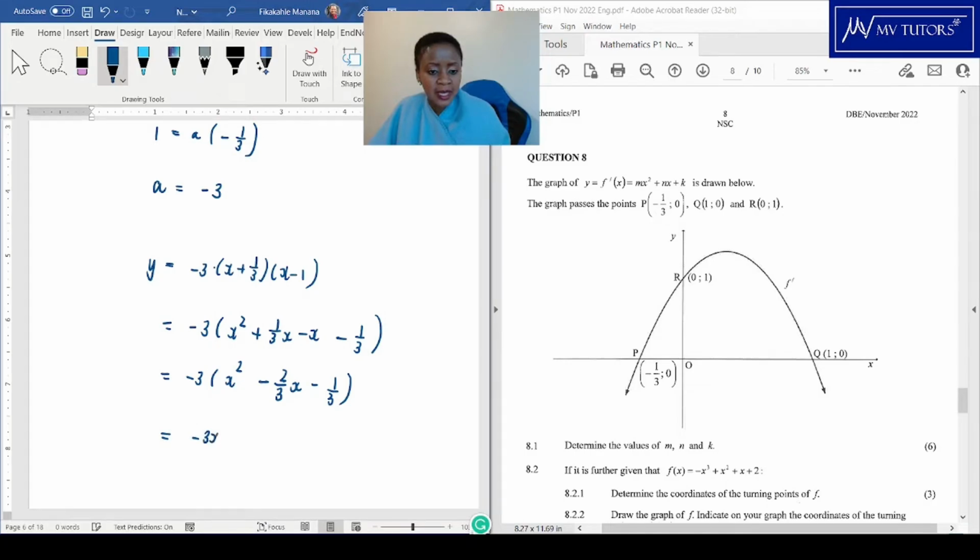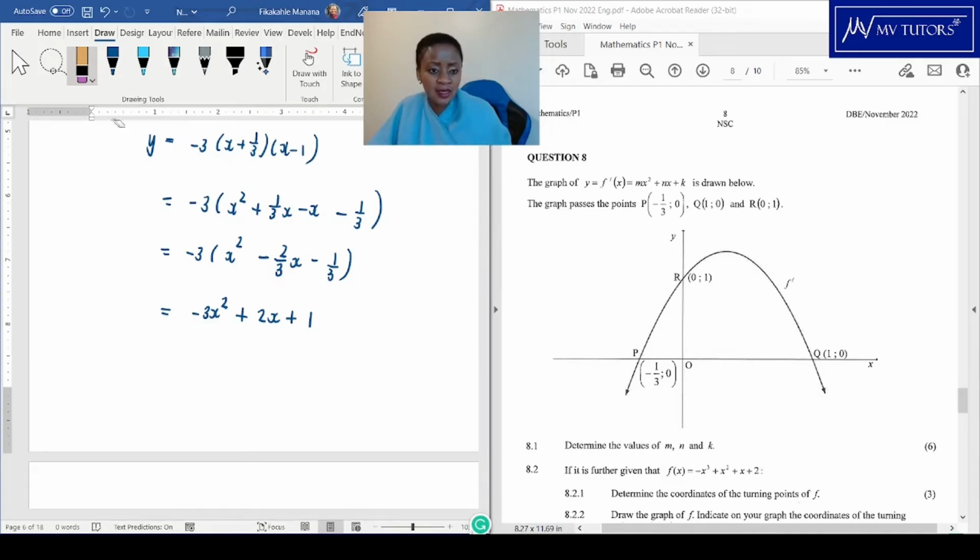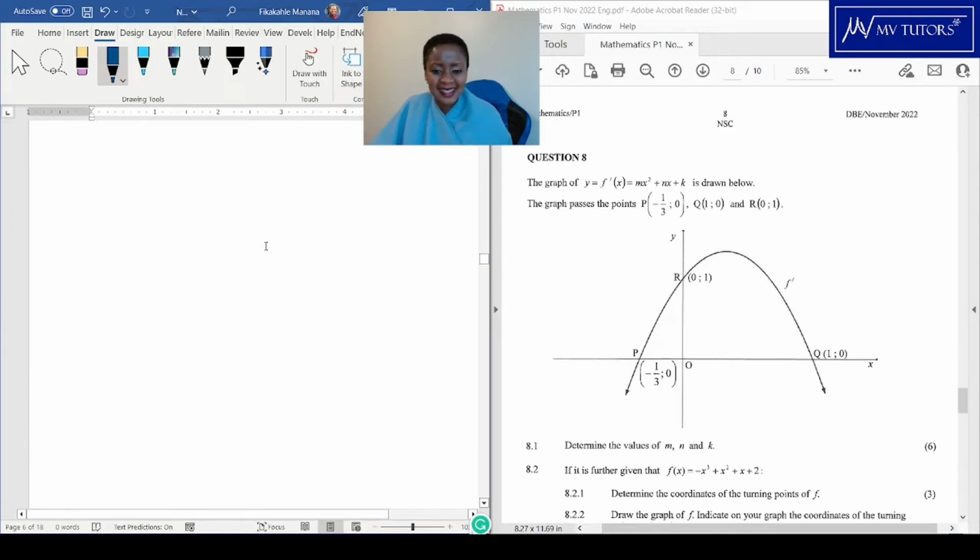So we have negative 3x squared plus 2x plus 1. So the value of m, because that's what they asked us ultimately, m is equal to negative 3, n is equal to 2, and k is equal to 1. And right there we get our 6 marks. I like this, they're not stingy with the marks.